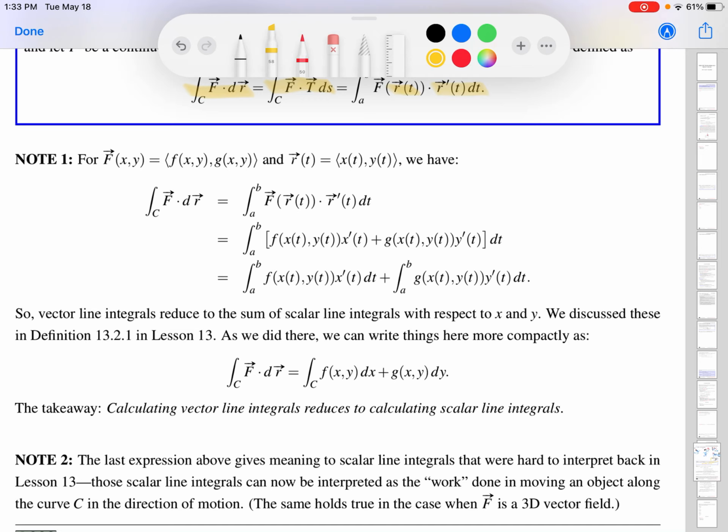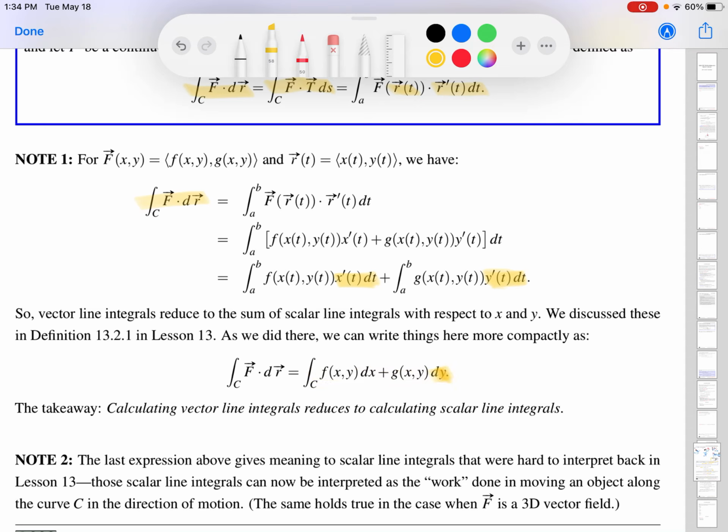That was the whole area of the curtain thing that I talked about in that lesson. We had a little trouble interpreting what the integrals meant when we had dx's and dy's. So now we see that the integral of f dot dr reduces to, this is dx, this is dy, exactly integrals of that type, line integrals of that type.